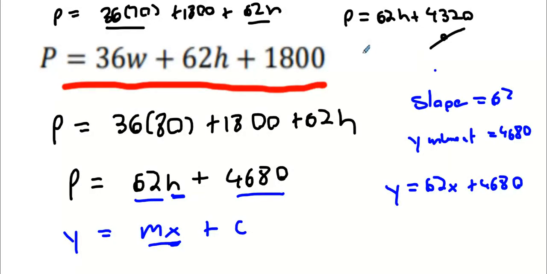So if I use y equals mx plus c here, we would have seen that the intercept would have been 4320. So it's just a slightly higher intercept with the same slope.